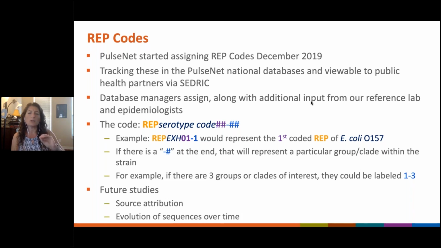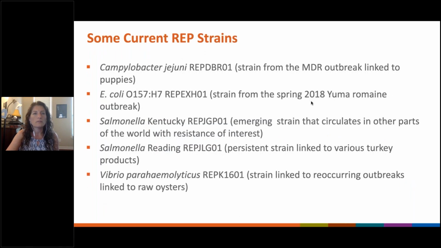And then it may or may not have a dash number, and that would just indicate a particular clade within that rep code. And this really just helps us identify and look over time what we're seeing with our WGS data. And we've already talked about future studies that would include source attribution as well as looking at the evolution of the sequences over time.